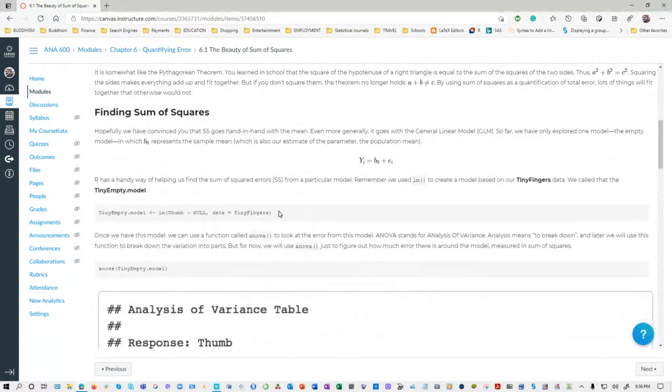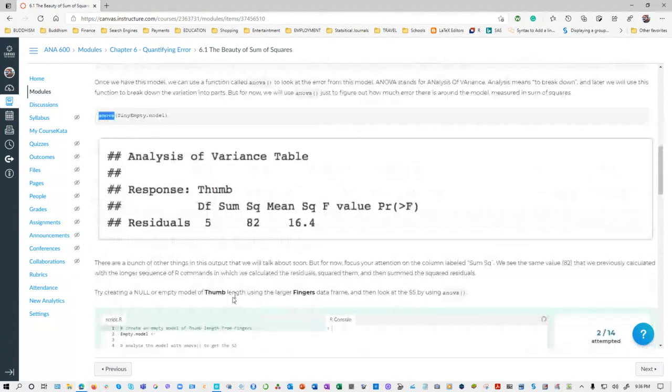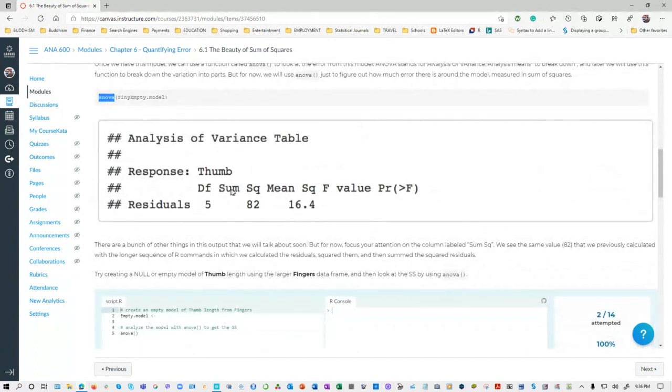We run what is called the tiny empty model, and you run ANOVA, the analysis of variation. ANOVA on that model would give you this table. That table shows you the sum of squares of residual, which is nothing but 82.